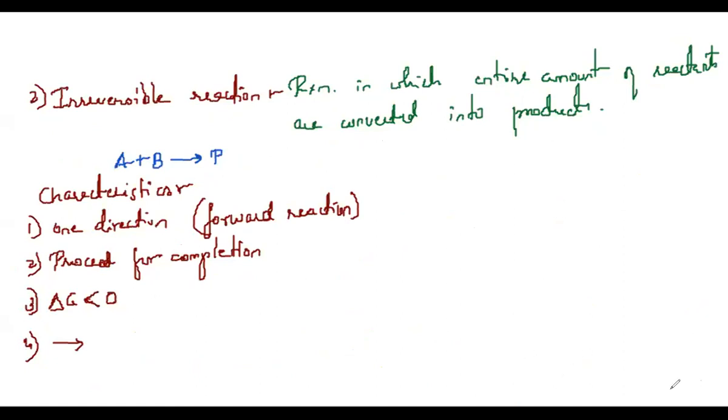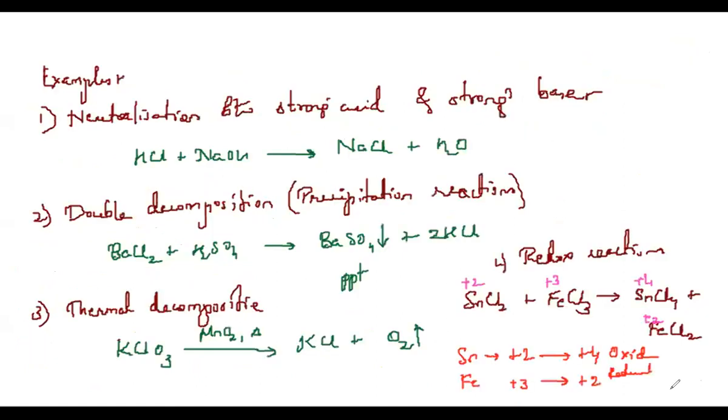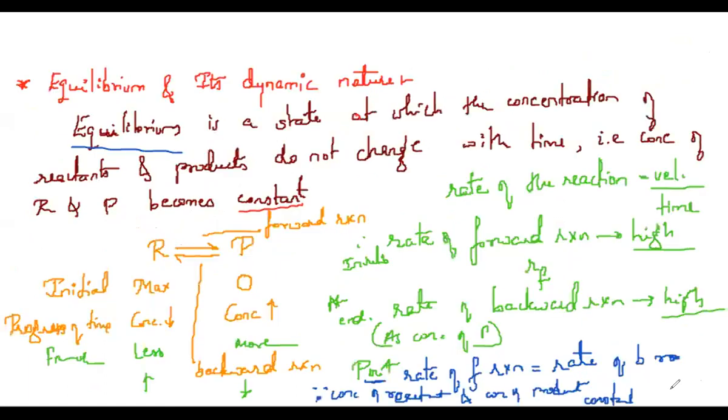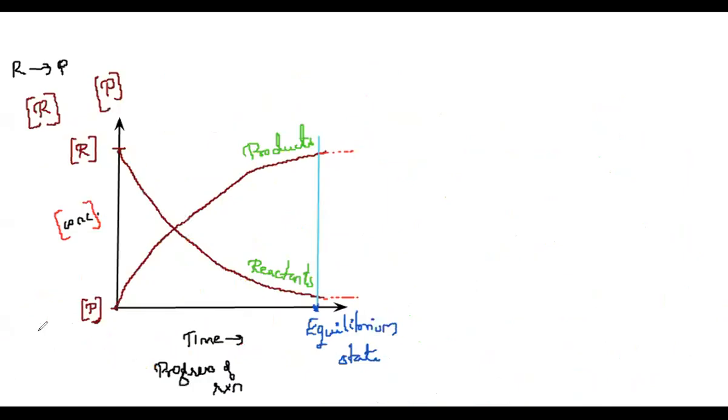That is what? The forward direction. And then we have seen equilibrium and its dynamic nature, and we have understood what equilibrium is. If you want to speak in terms of concentration, you can say the concentration of products and the concentration of reactants remain constant. And this is the graph to make it understand, concentration of reactants and concentration of product.